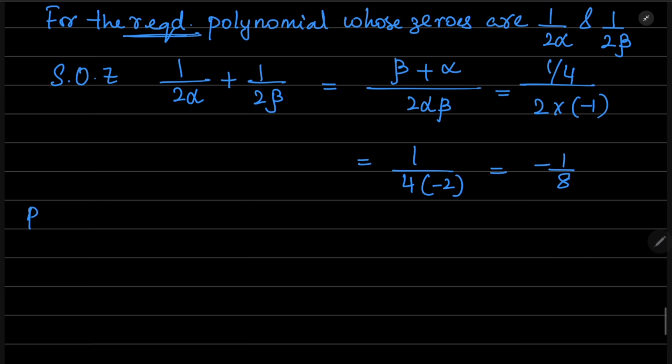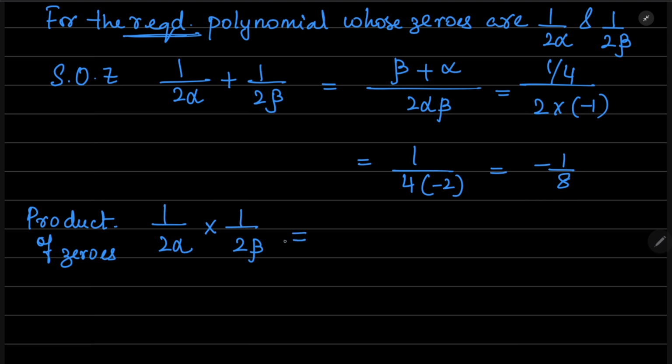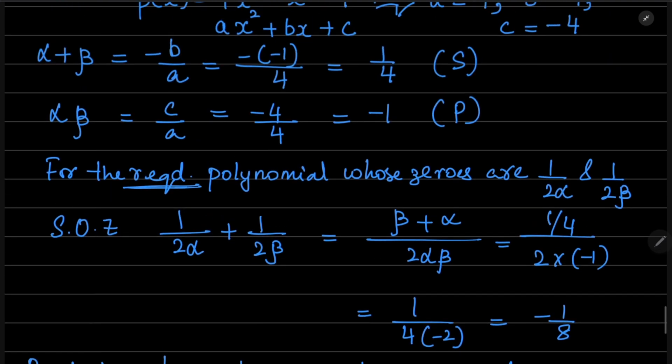Now let us calculate the product of the zeros. It is 1 by 2 alpha multiplied by 1 by 2 beta. What is the product? It will be 1 divided by 4, since 2 into 2 is 4, and alpha into beta is alpha beta. So 1 divided by 4 into alpha beta value.